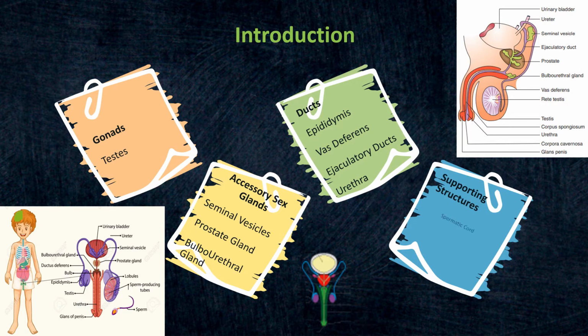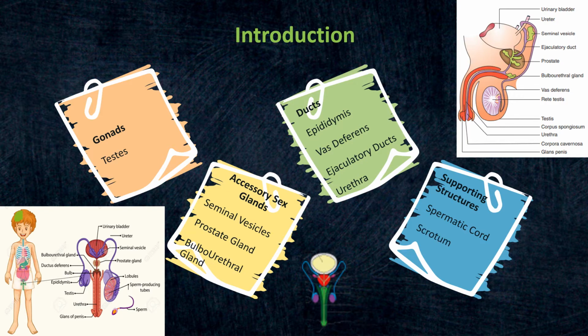And then the supporting structures. They are the spermatic cord. It suspends the testis in the scrotum and contains the structures that pass through the inguinal canal towards the testis.